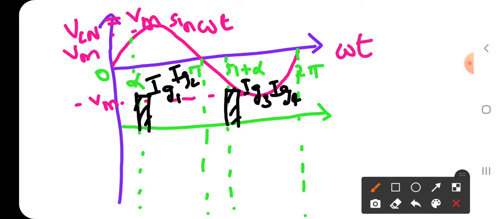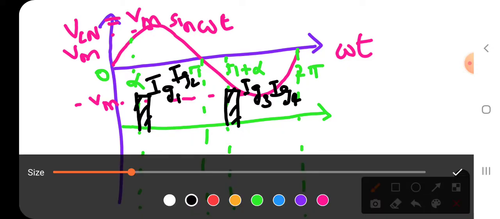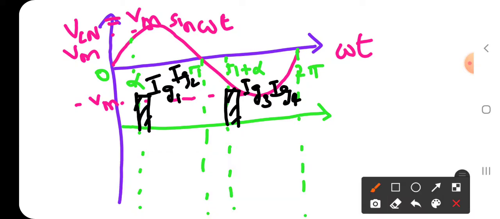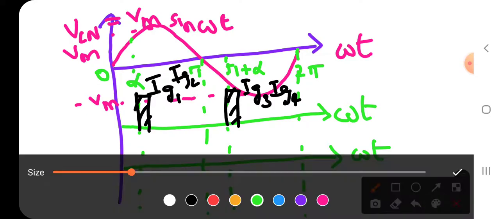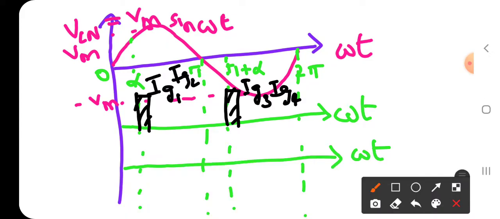Now how do we have the output voltage? From alpha to pi plus alpha, the output voltage is equal to the input voltage.